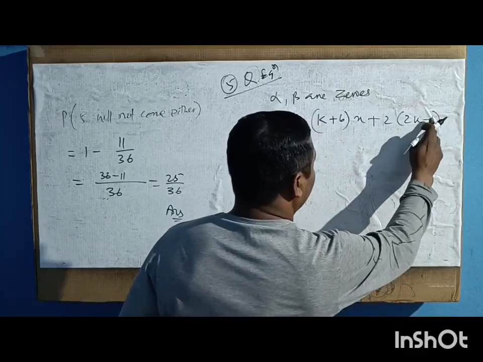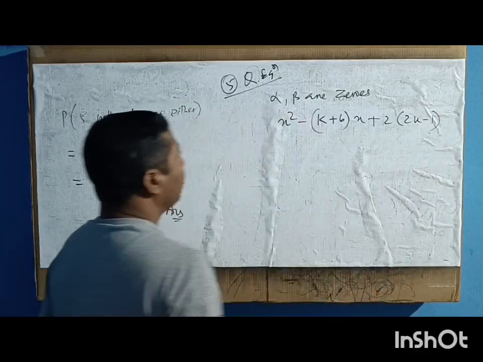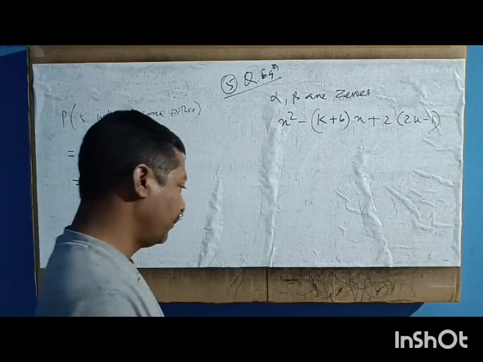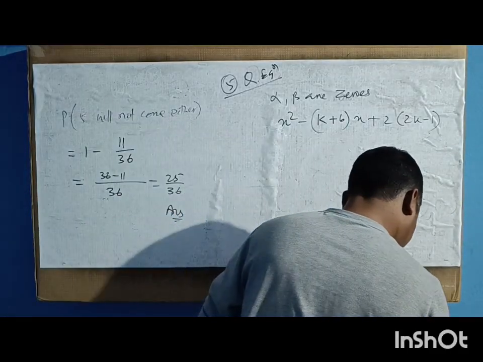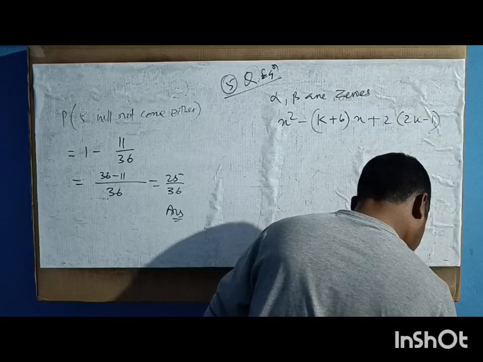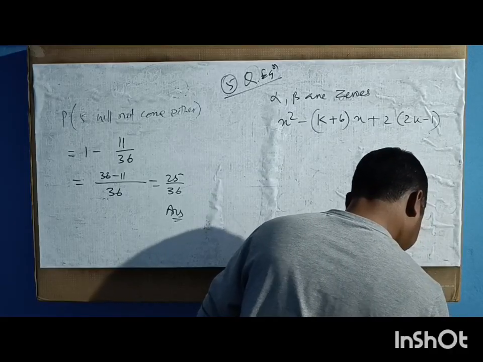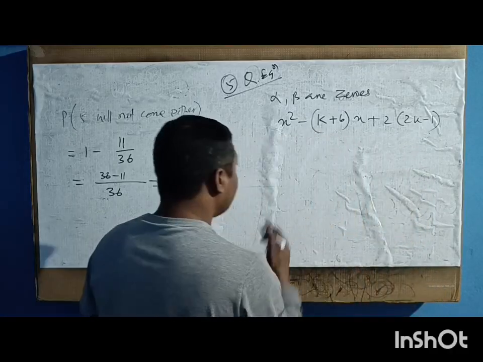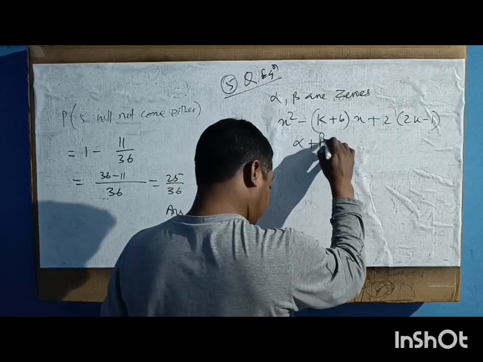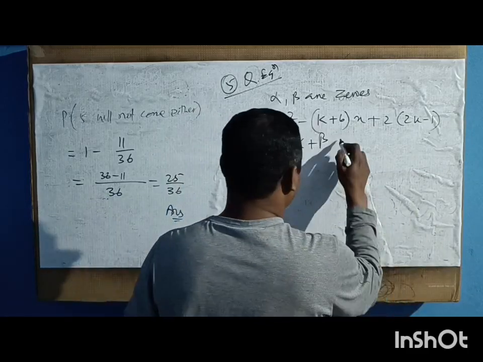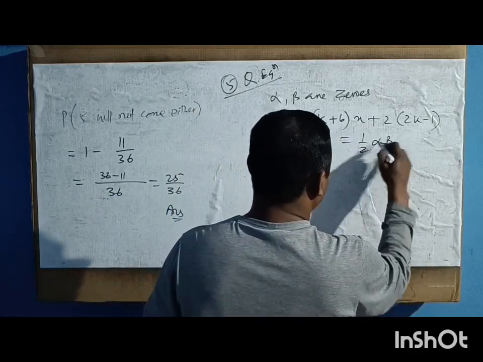This is the polynomial where alpha and beta are two zeros. Then the value of k is, and alpha plus beta equals half of alpha beta. This is also given.